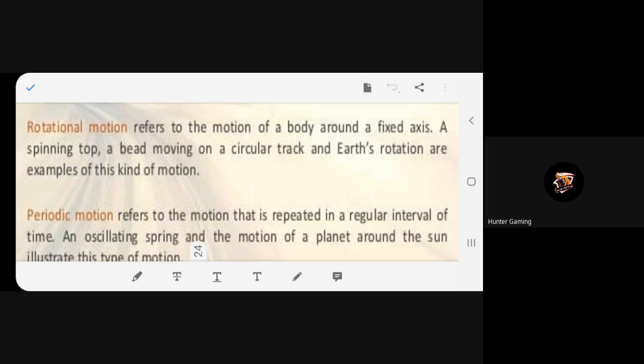Rotational means, as the word says, it is rotating around a fixed axis. For example, you must have played with, you're still playing with tops, I think, the spinning top. You know the top? So you picture how it rotates, that is rotational motion.